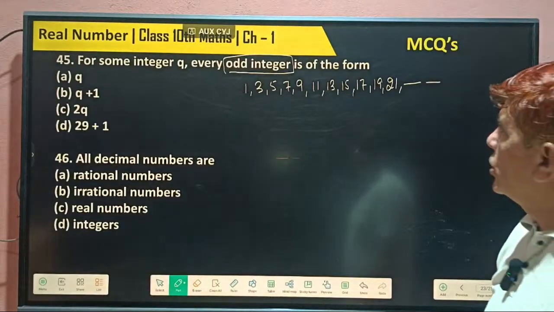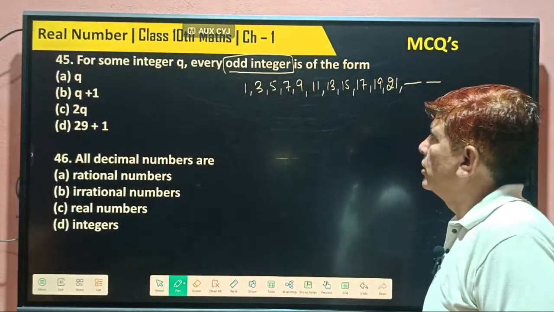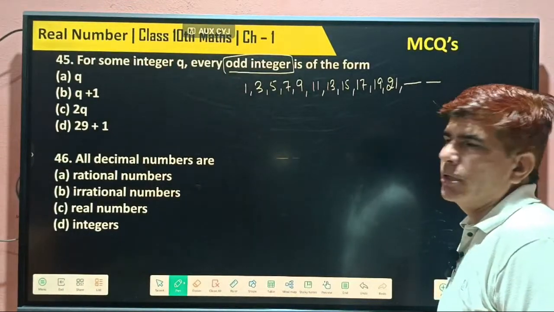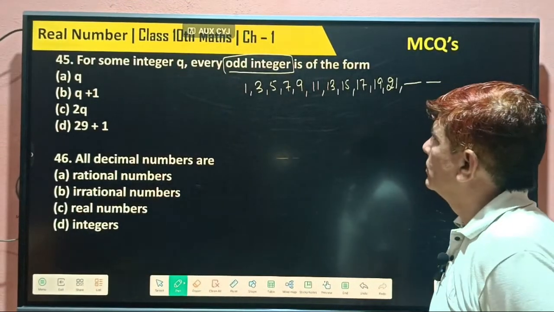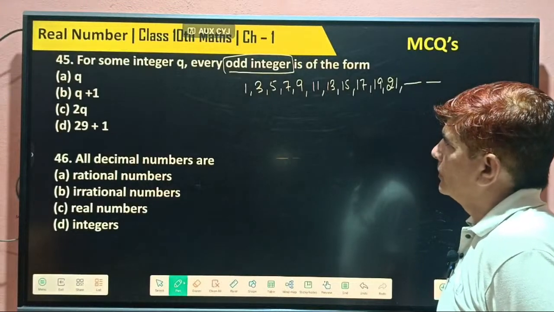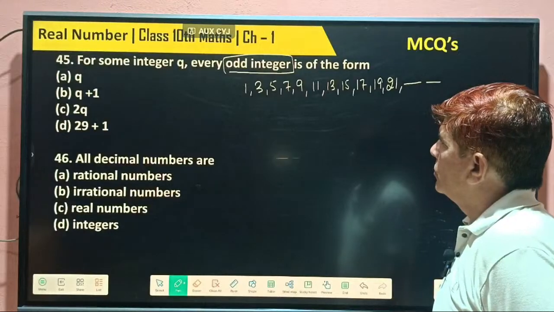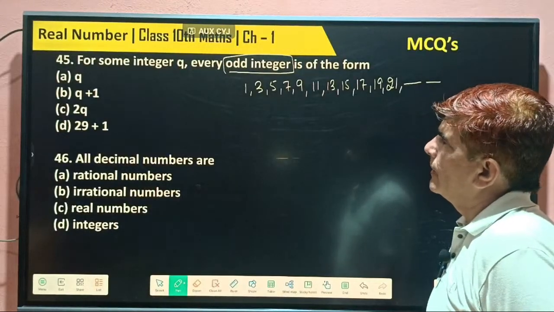Its meaning is what? Whose unit digit is not 2, 4, 6, 8 or 0. Understood? So what form?